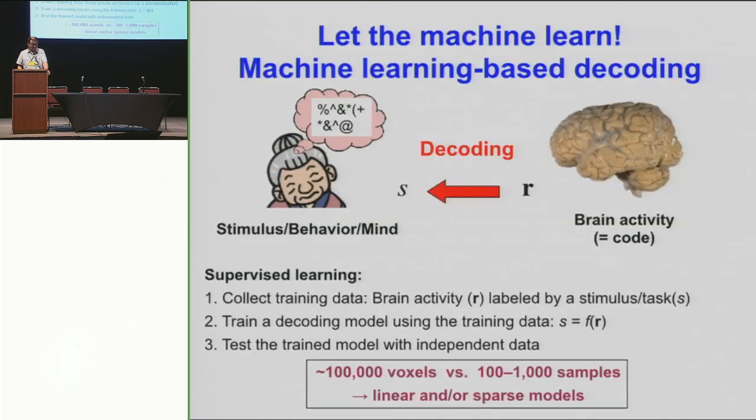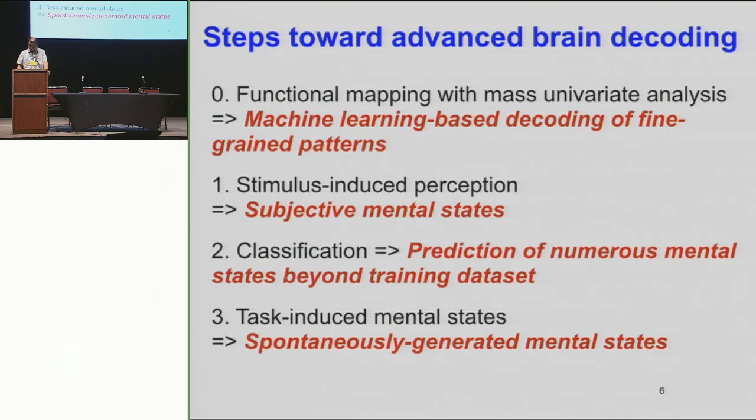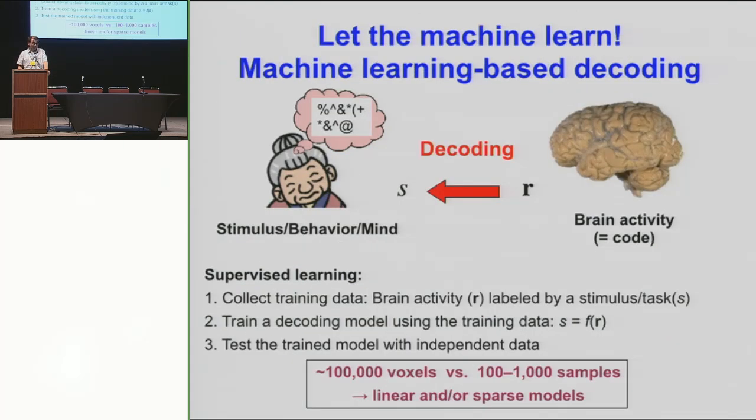So our approach was, instead of relying on our eyes, let the machine or computer learn. Let the computer do pattern recognition of complicated brain images. We follow a basic procedure of supervised learning, classification or regression.